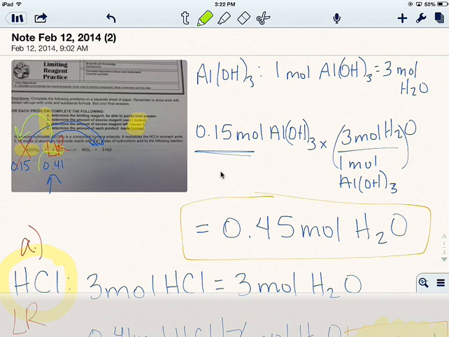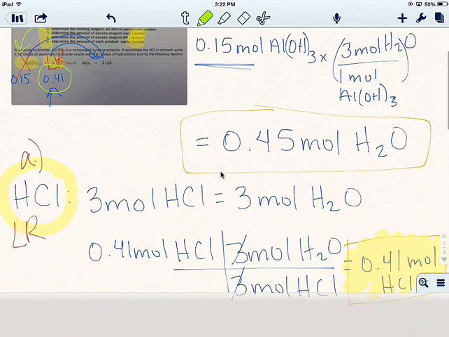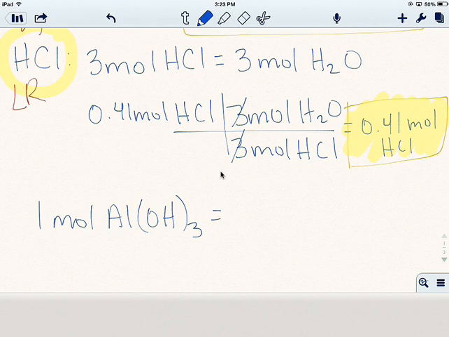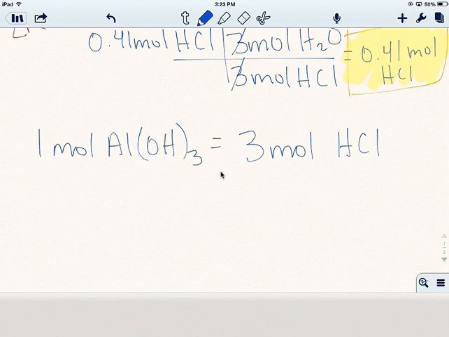I'm going to start from my limiting reactant, and figure out how much aluminum hydroxide I used up. The mole ratio between HCl and aluminum hydroxide is 1 mole of aluminum hydroxide to 3 moles of hydrochloric acid. So if I take my starting number, given in the question, of my limiting reactant HCl, we had 0.41 moles of hydrochloric acid.